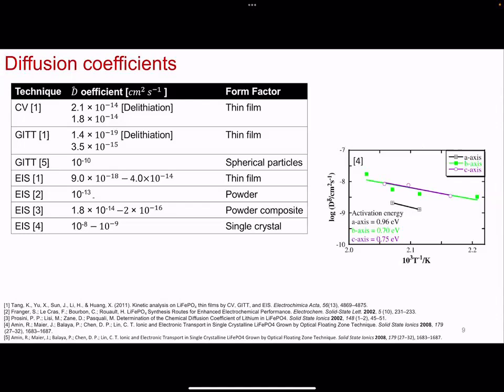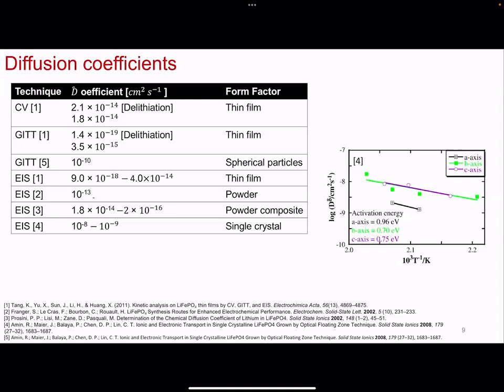And so that's how you can tell that the fast diffusion is along the b axis, or along the 010 direction for this orthorhombic material. So while single crystals, right, we're not going to fabricate any commercial cells with single crystals, it's particularly useful to actually try to track down diffusion along all the independent axes that way.